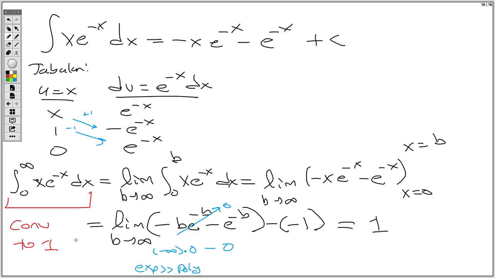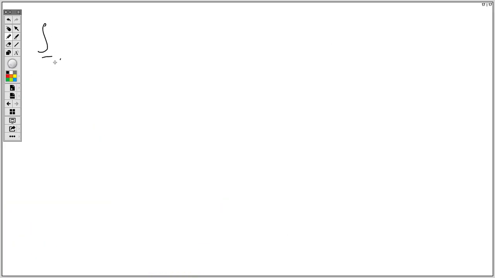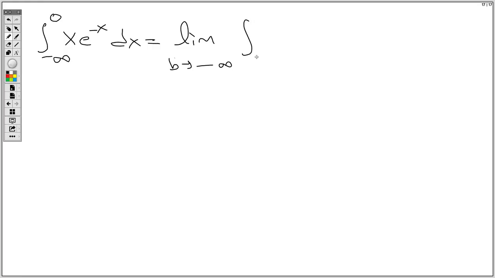So now let's move on to the second part and see what happens there. If I'm looking at the integral from minus infinity to 0 of x e to the minus x dx, that's the limit as, not x, but b goes to minus infinity of the integral from b to 0, x e to the minus x dx.